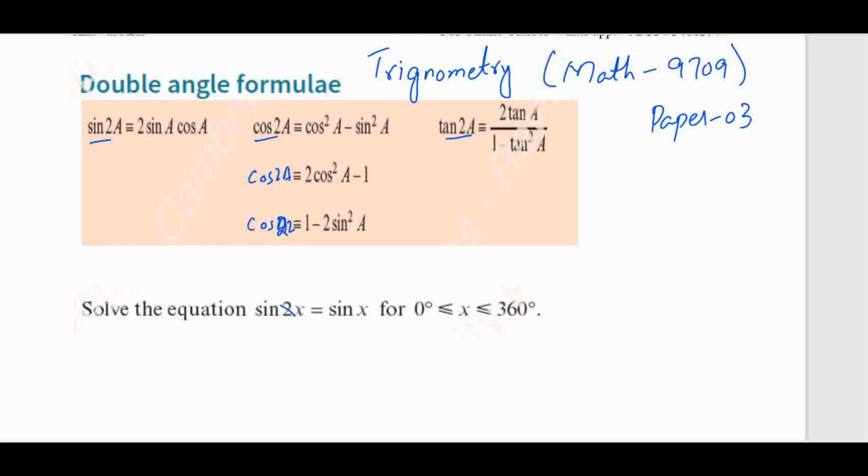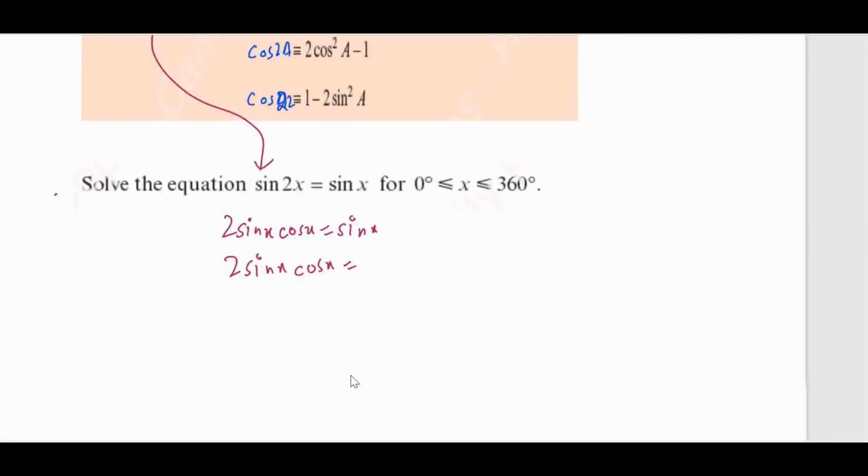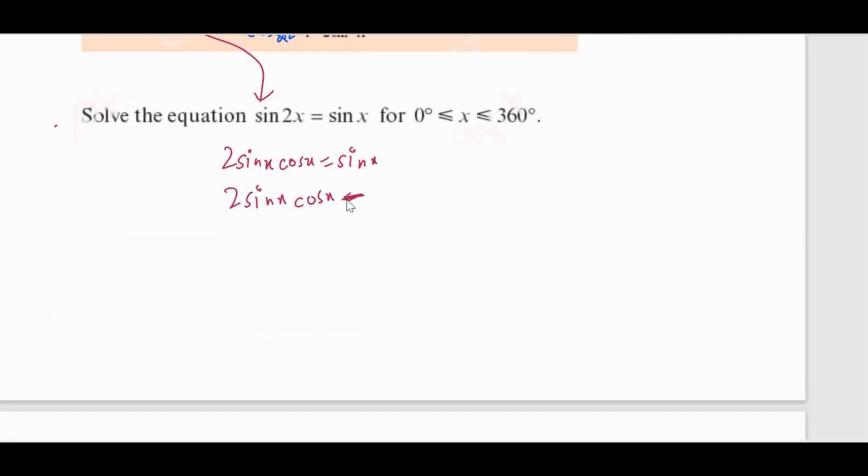So you can see here that sine 2x is equal to sine x. We can use the first identity over here, so this will become 2 sine x cos x equals sine x. Now we can simplify it: 2 sine x cos x minus sine x is equal to 0.